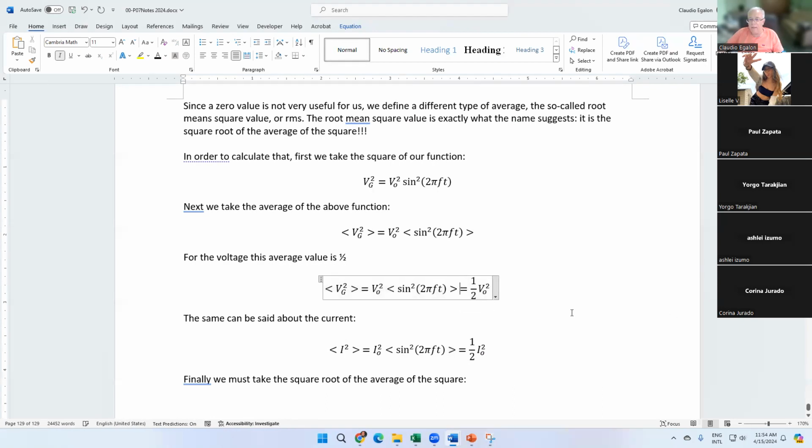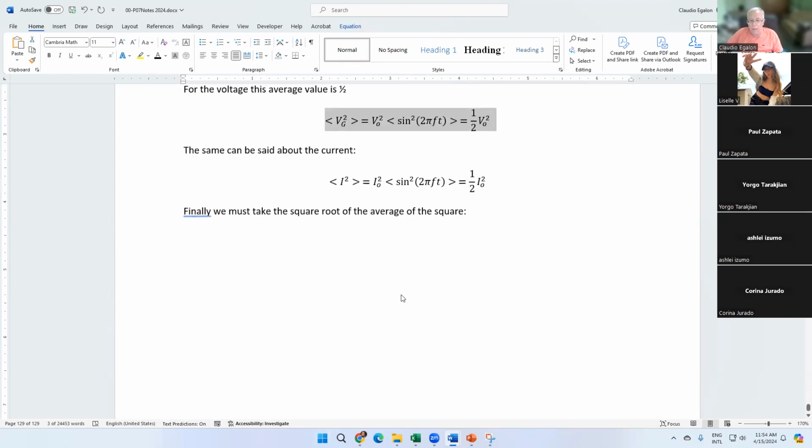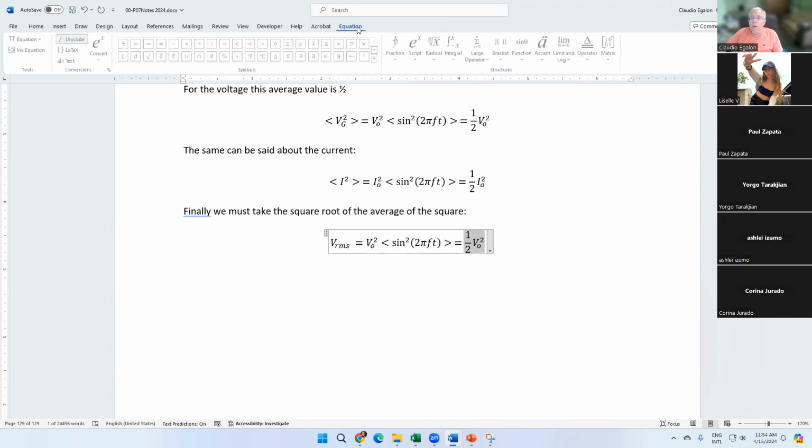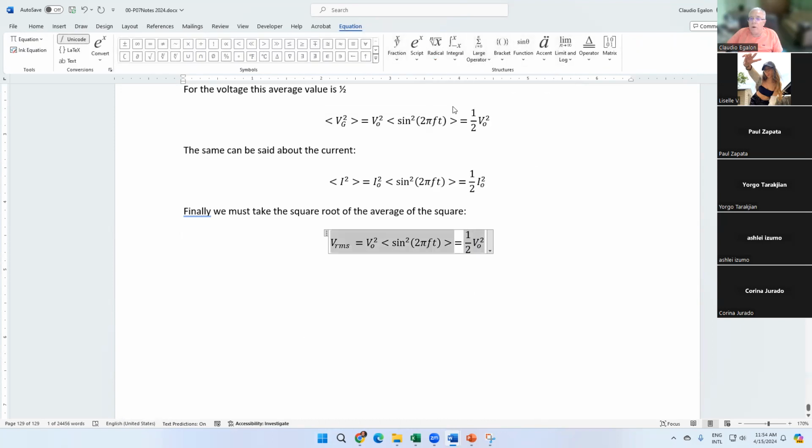And then we finally get the following. The root mean square value of the voltage is going to be the square root of this term here, step by step, right?